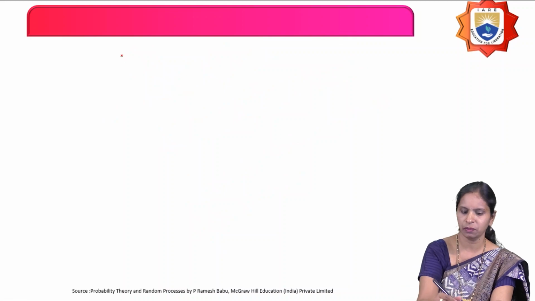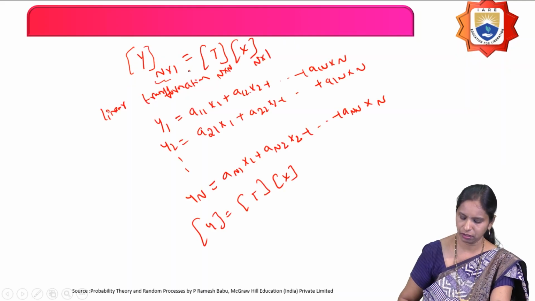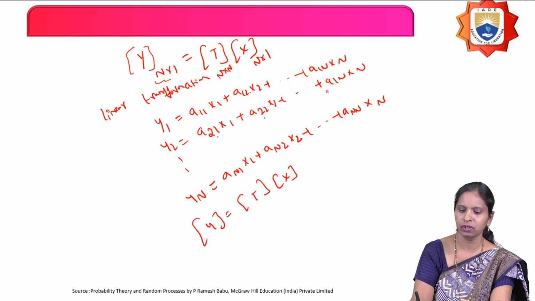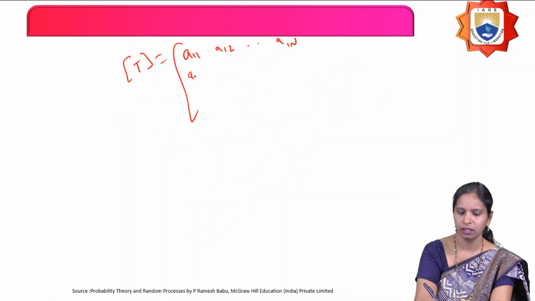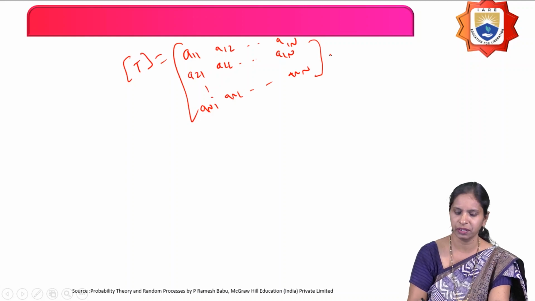Therefore, our transformation matrix T equals A11, A12 and so on A1n, the second row A21, A22 and so on A2n, and so on, An1, An2 and so on Ann. The type of transformation is a linear transformation.